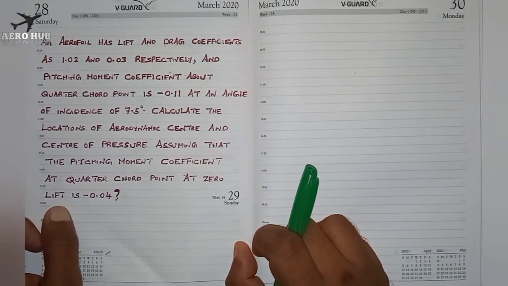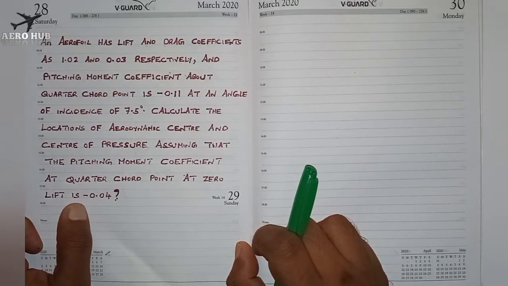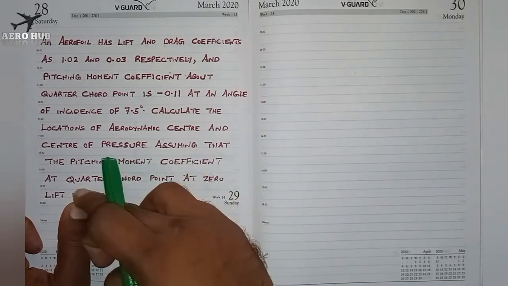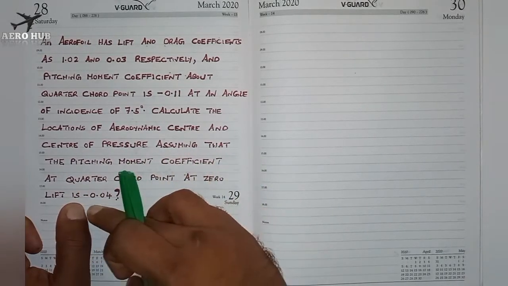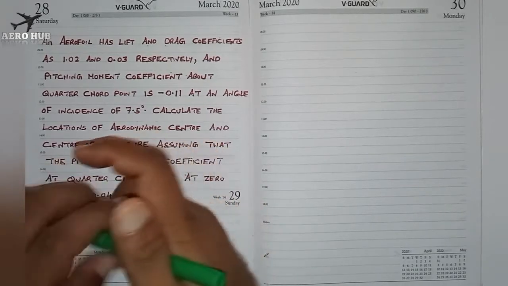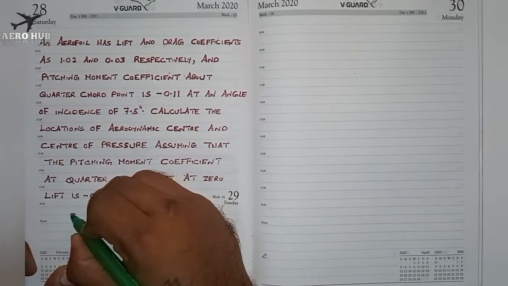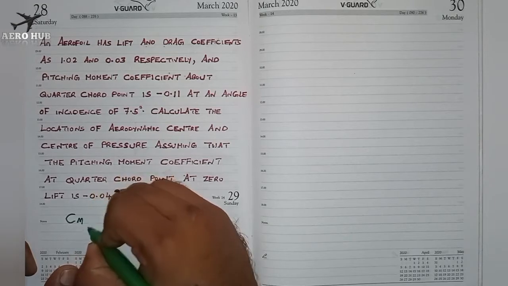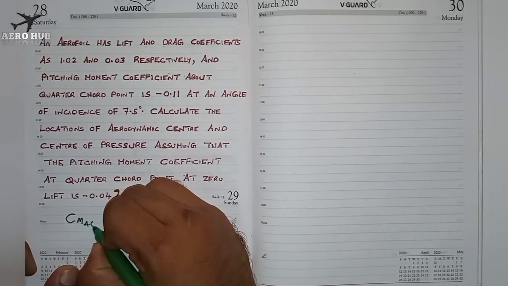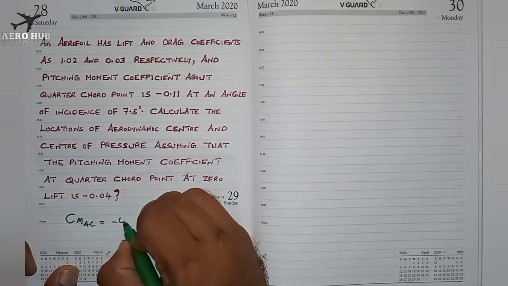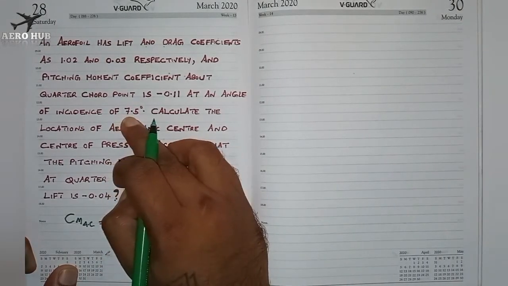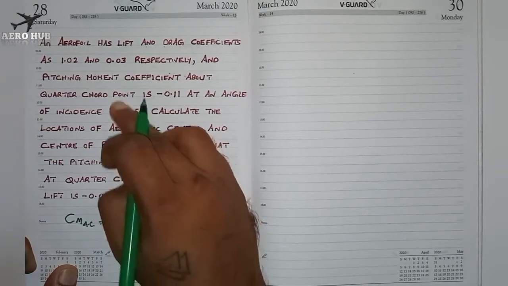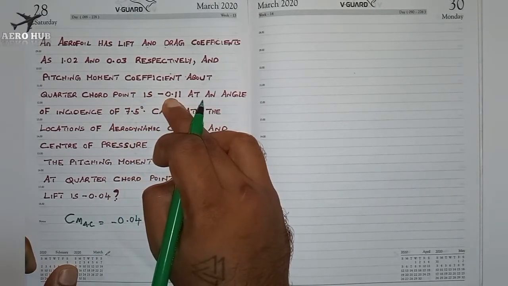Okay, so they have actually given the pitching moment about aerodynamic center, that is, the pitching moment at quarter point at zero lift is minus 0.04. This is nothing but the pitching moment at aerodynamic center, that is minus 0.04, and at an angle 7.5 degree we have a pitching moment of minus 0.11.